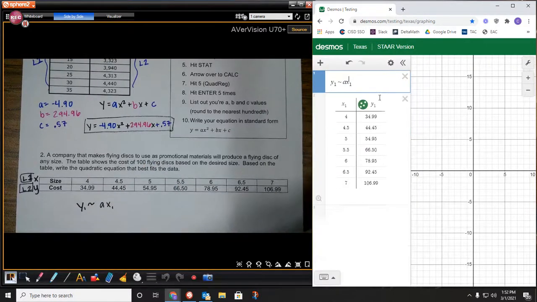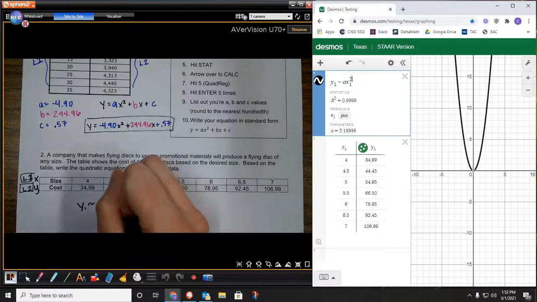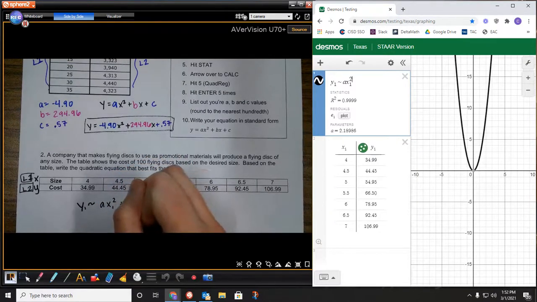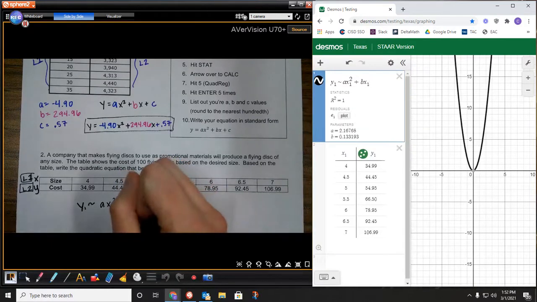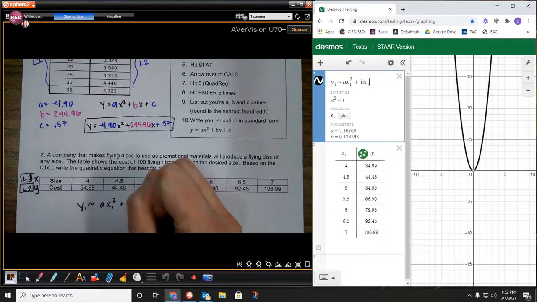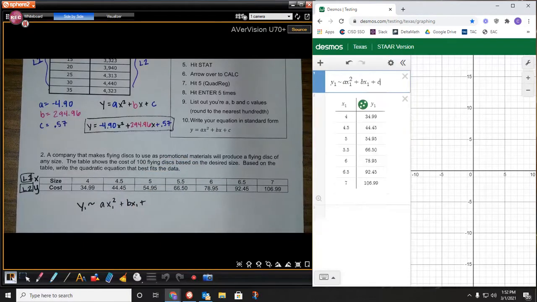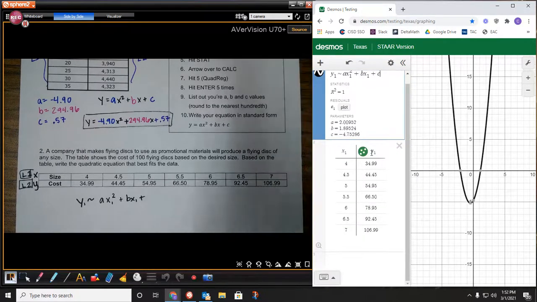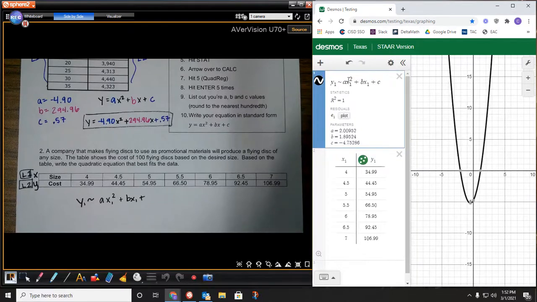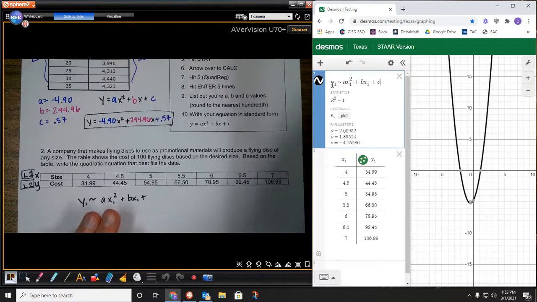But then we want to square it, x sub 1 squared, plus b x sub 1, and then just plus c. And when you do that, it gives you your data right here. So it gives you your A, your B, and your C. That little tilde means it's regressed. So we're saying that y is regressed against x.